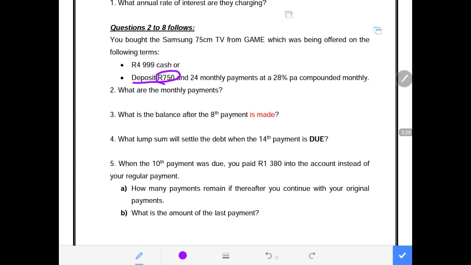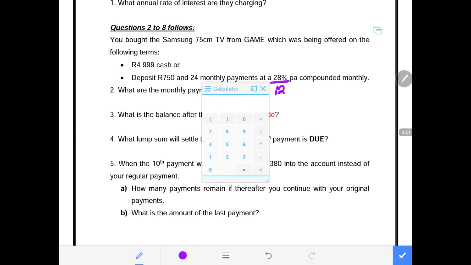And I want to bring this across now because I did with the future value of an annuity, that this 28% is per annum, compounded monthly. So if we divide this 28 by 12, we get 2.3333%.